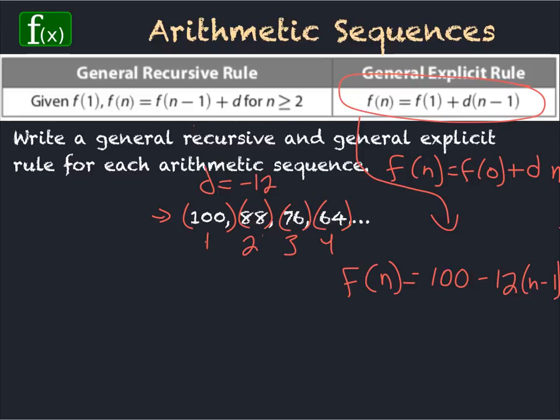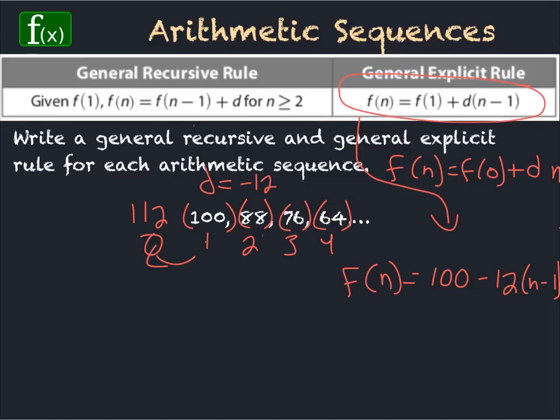Now, if you do it the way that I did it, we would first need to find f of 0. If we're subtracting 12 from term to term, we'd have to add 12 in order to get f of 0. So f of 0 would actually be 112. That would be f of 0.